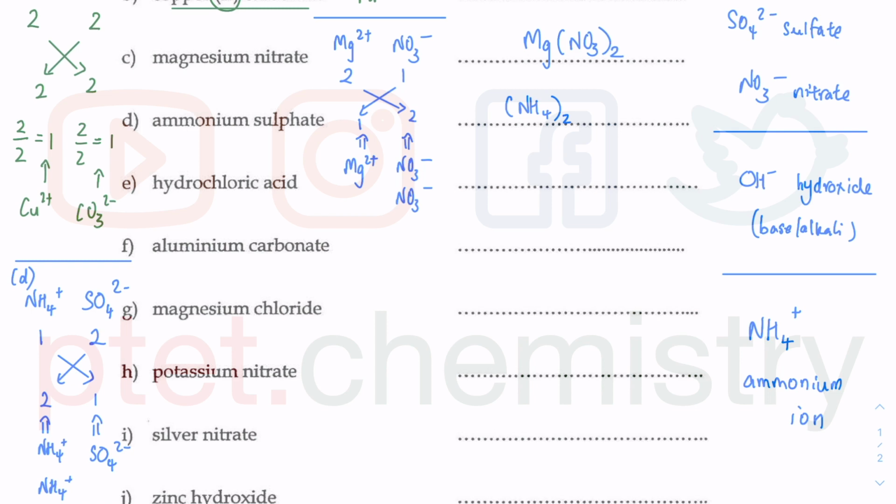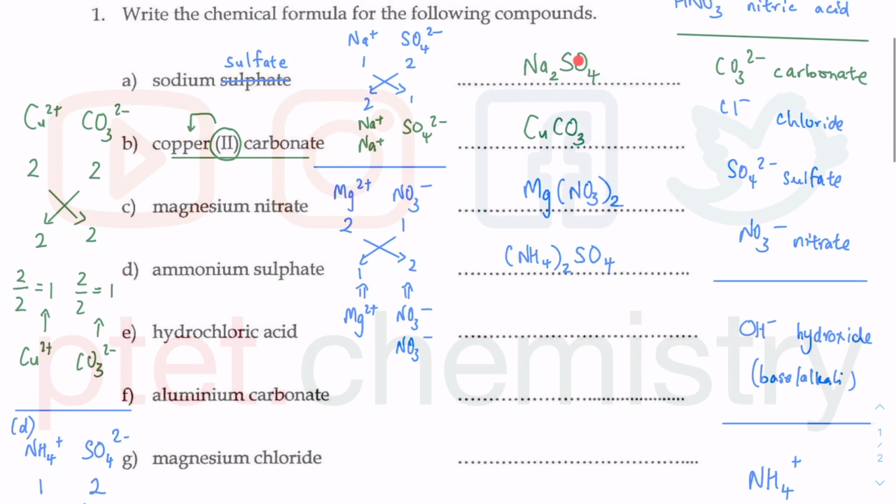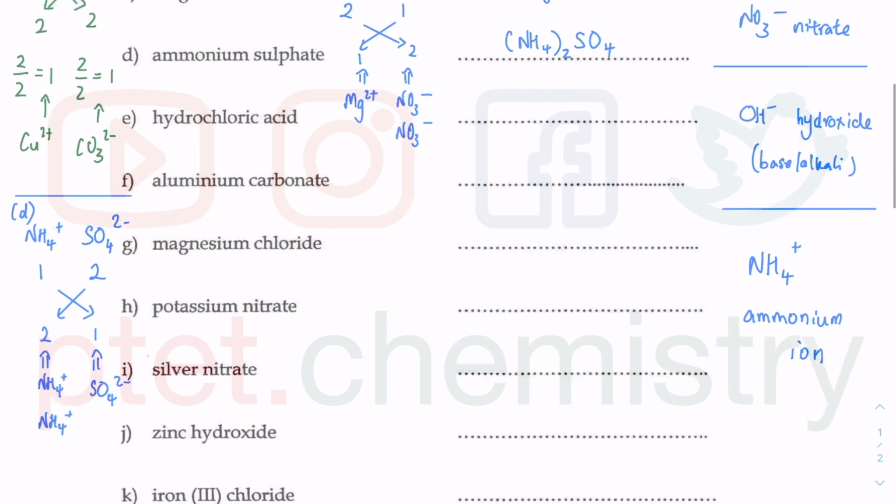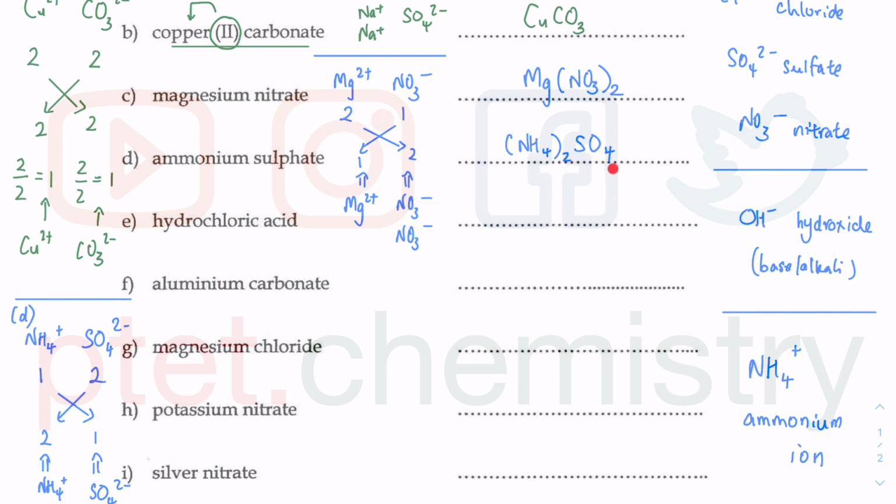And then I have sulfate. The sulfate is just 1 unit, so I don't need a bracket 1. I don't need a bracket because I only have 1 sulfate after the cross multiply. Plus 1 and plus 1 give me plus 2, cancelling out the minus 2. Ionic compounds, or any compound at all, do not have any charge.